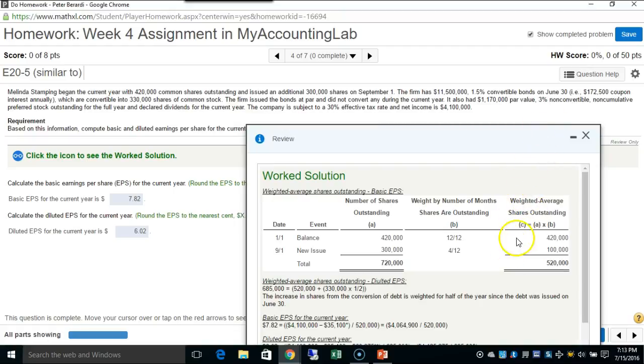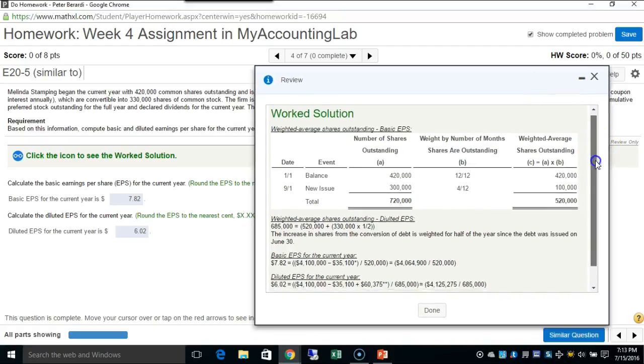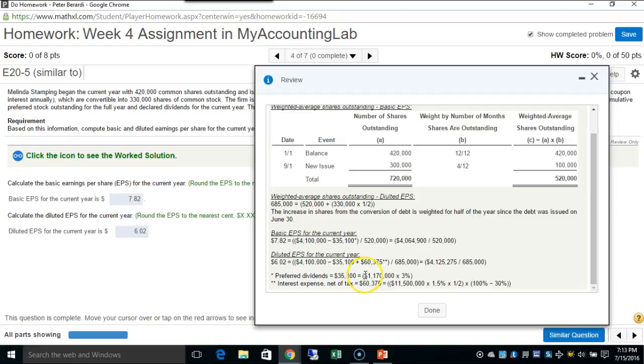So that number basically is 35,100, which is calculated below. It shows you how you do that. You take the 1,170,000 times 3% to get 35,100. That 35,100 is subtracted from your net income. You divide that by 520,000, which you've calculated here, to get a $7.82 earnings per share.